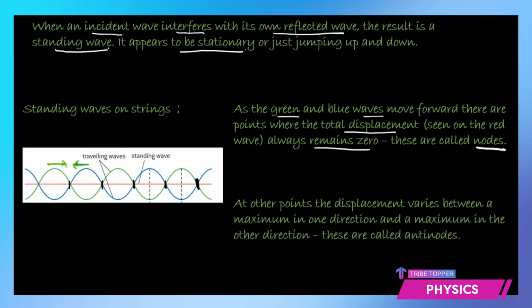At other points the displacement varies between a maximum in one direction and a maximum in the other direction. These points are called the antinodes. So the points of maximum displacement are the antinodes and the points of zero displacement are called the nodes.